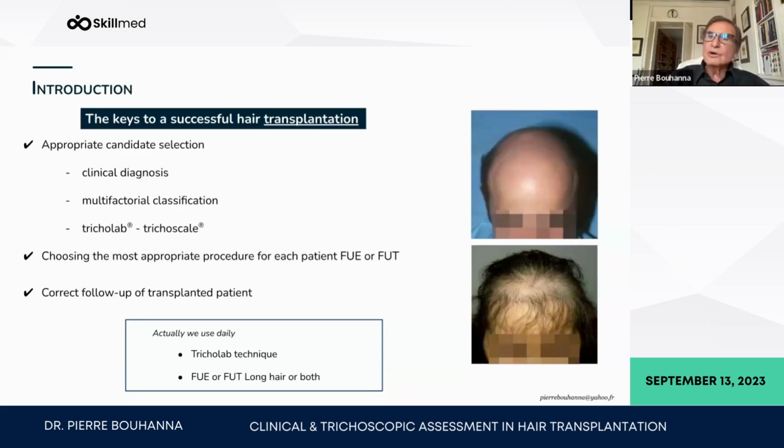You will also ask him about the heredity of the baldness in his family, and see if it's on the side of the father or mother, grandfather, and so on. With that, you can have an idea of the eventual transmission.